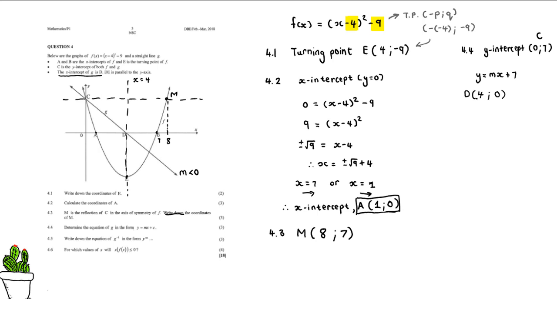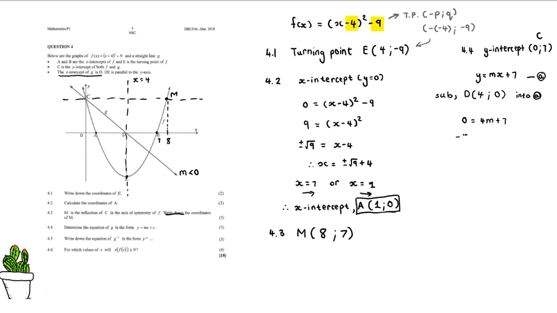Now I can substitute this point D into my already set up equation, so I can call this equation A, right? I can say substitute D into A. And then you'll have 0 is equals to 4m plus 7.